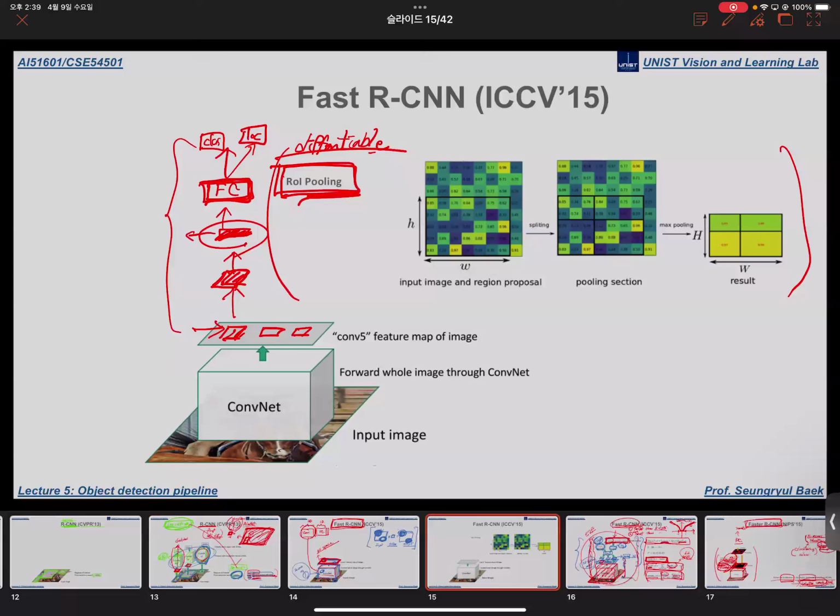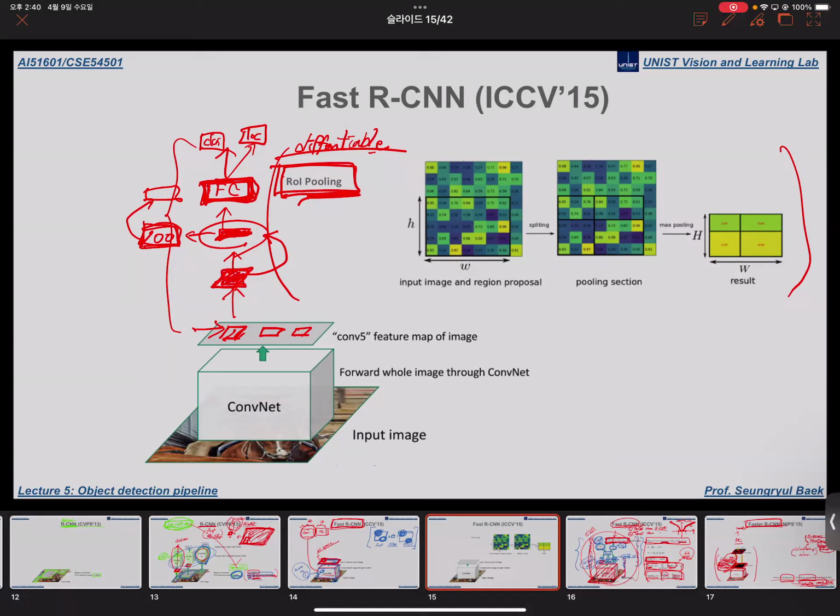For example, if this dimension is 100, then the first layer of the FC layers has to be an MLP that maps this 100-dimensional one-dimensional vector to another one-dimensional vector. So these vectors have to be in a fixed dimension before inputting them to the fully connected layers.